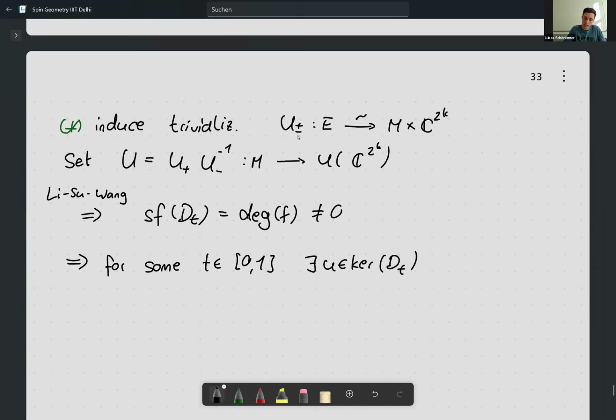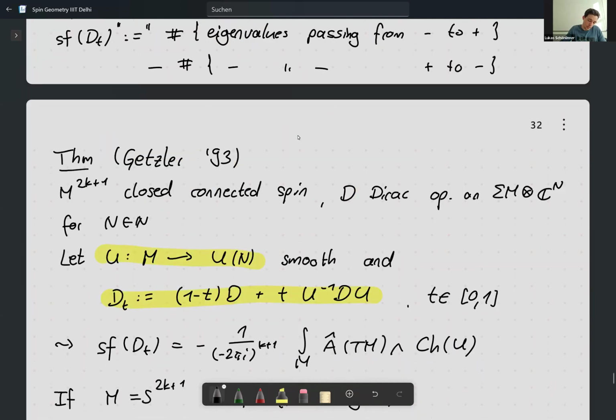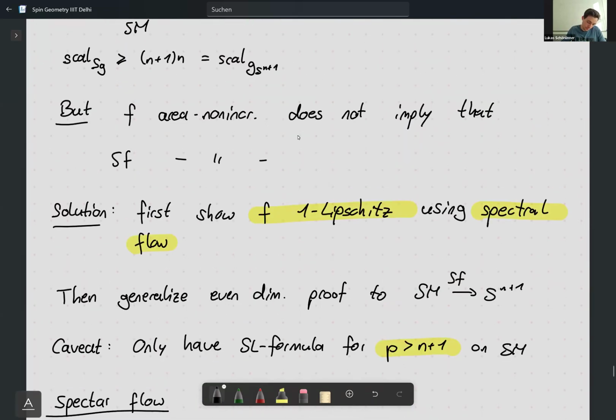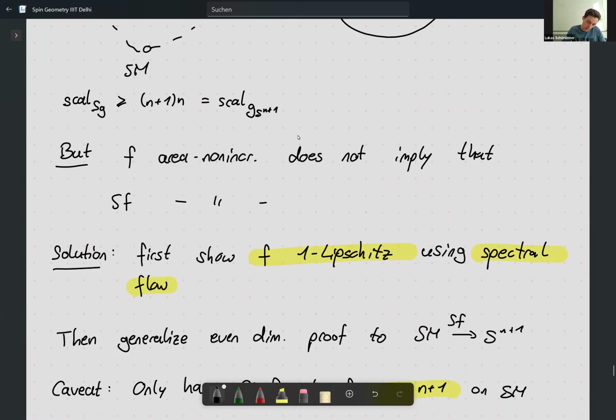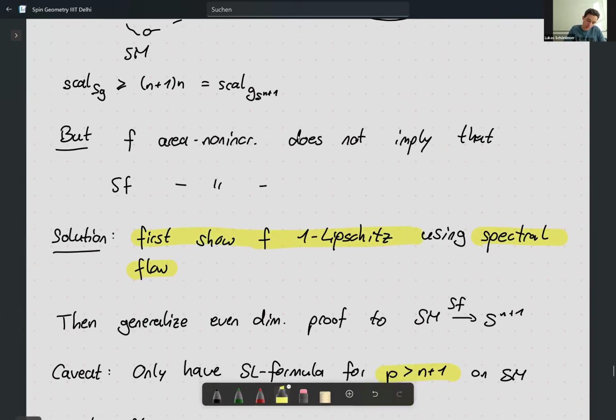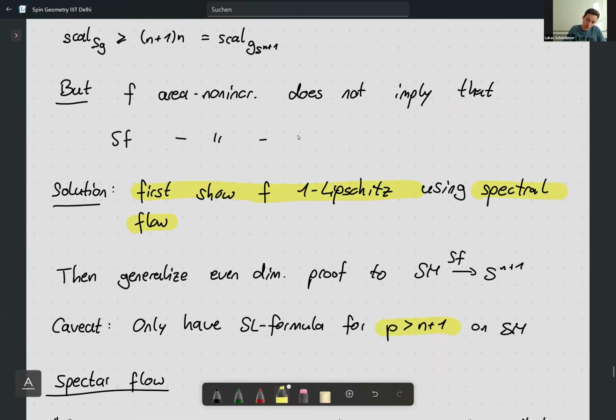So the last part is actually, now we have established this here that f is one Lipschitz or even local isometry almost everywhere. And now we go to the spherical suspension here.